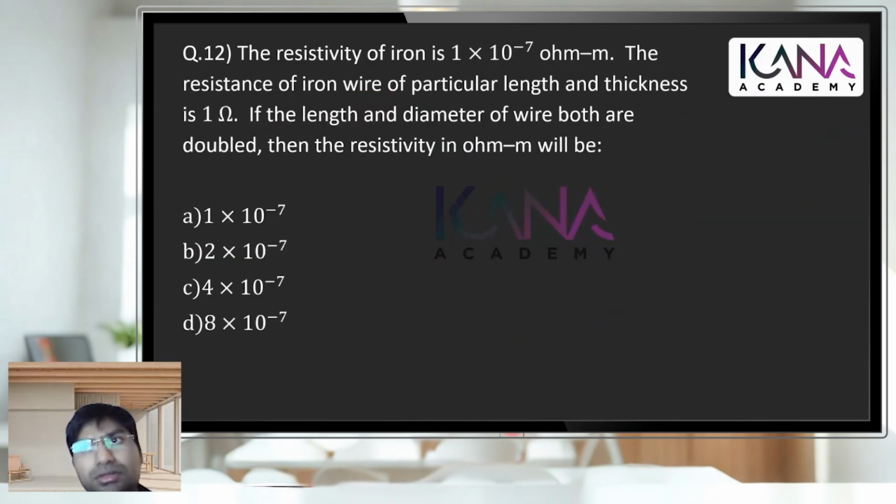Okay. The resistivity of iron is given as this. And the condition here is that the length and the diameter both are doubled. So we need to find what the resistivity will be. So the important thing here is that resistivity is a material property.